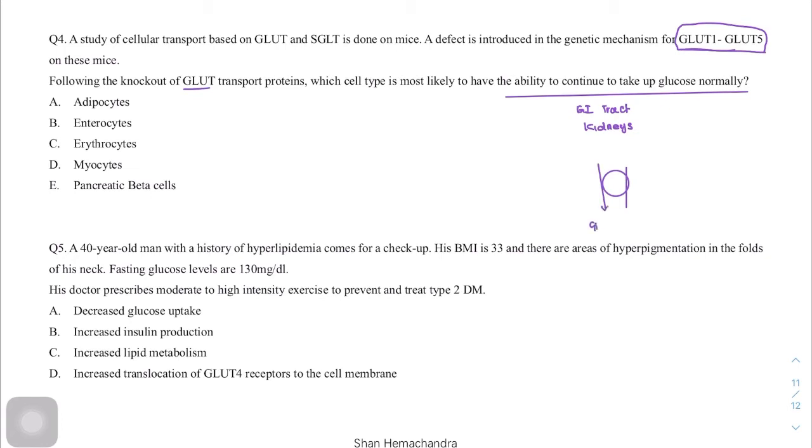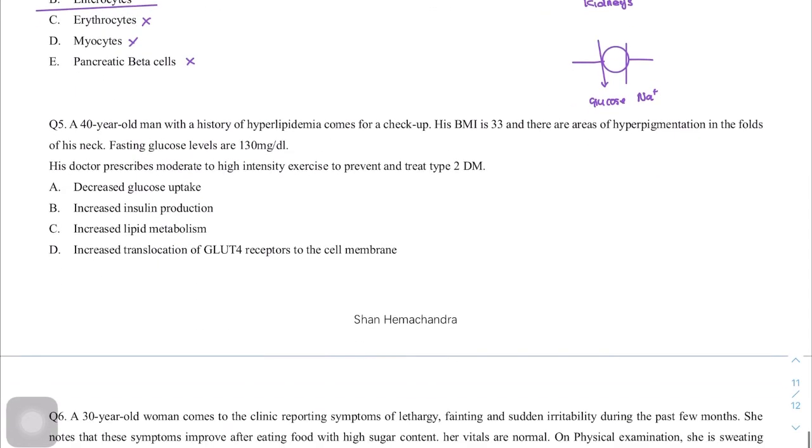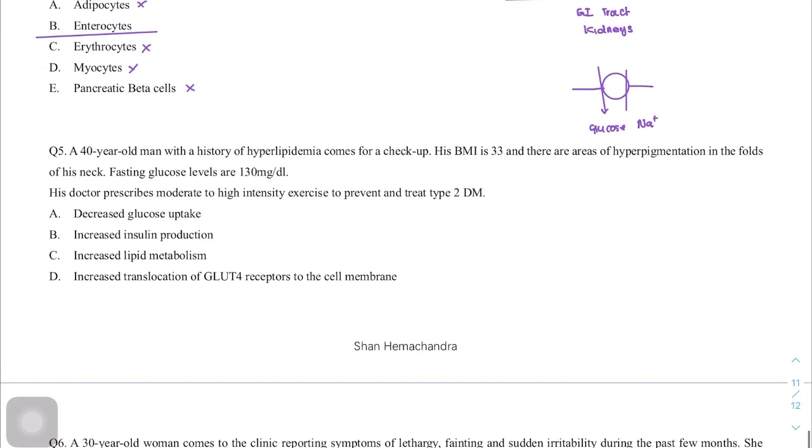So glucose and sodium will enter into the cells, and that is not adipocytes, it is enterocytes. Now this is not erythrocytes, not myocytes, and not pancreatic beta cells. All of these have GLUT receptors.